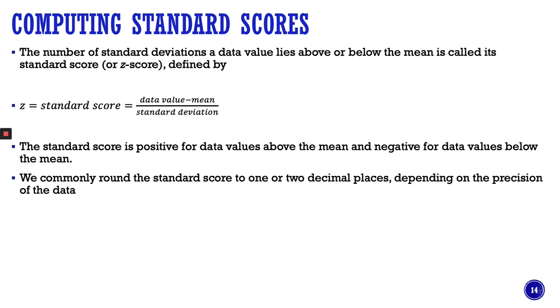It's defined by z equals the data value minus the mean, divided by the standard deviation. So the standard score is positive for data values above the mean and negative for data values below the mean. We commonly round the standard score to 1 or 2 decimal places, depending on the precision of the data.